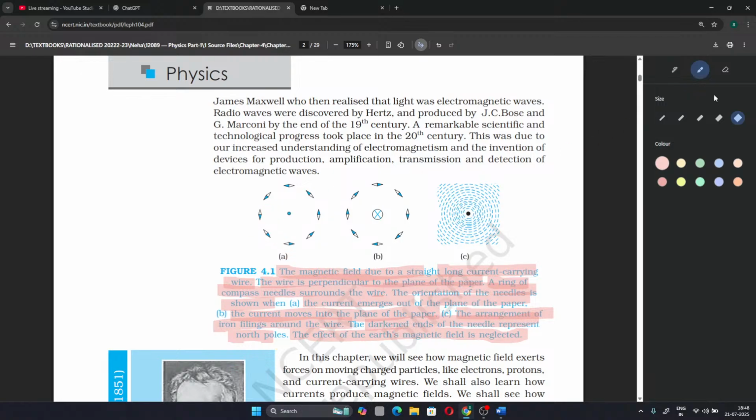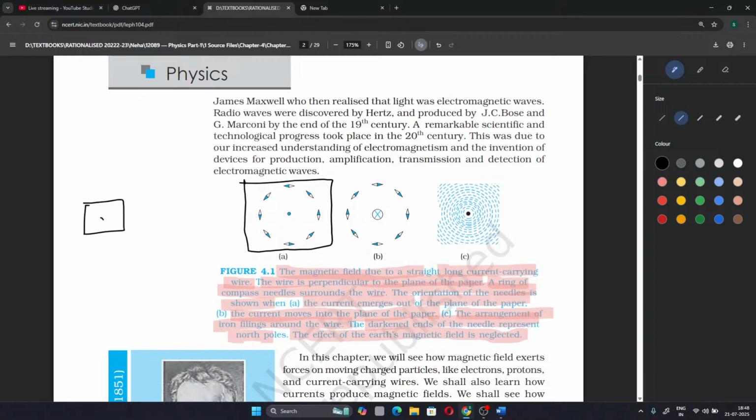Basically, this dot here is actually a plane of paper. In both the cases, this is a sheet of paper. There is a hole in the sheet of paper, and through this hole a current carrying wire is passing. In this case, the current is going into the sheet of paper, where the compass is kept.